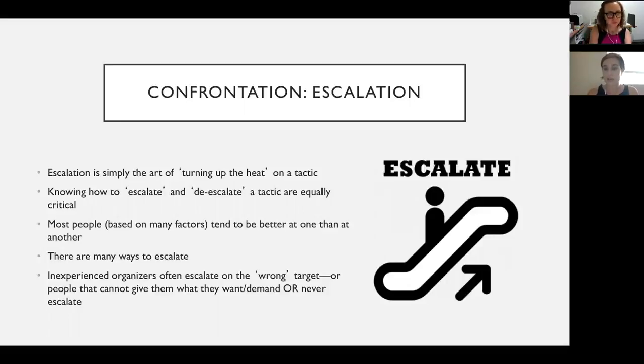So most of the time, people in communities are good escalators or they're good de-escalators. Very few people are good at both. We need more people that are good at both. I'm not that great at both. I'm a better escalator than a de-escalator, but I'm working on it. And I'm committed to being better at both. So that's why most people tend to be better at one or the other.